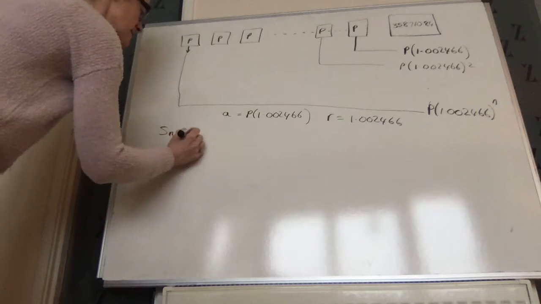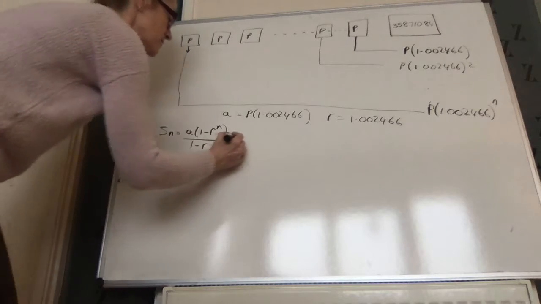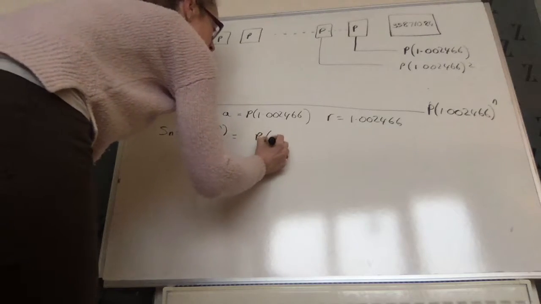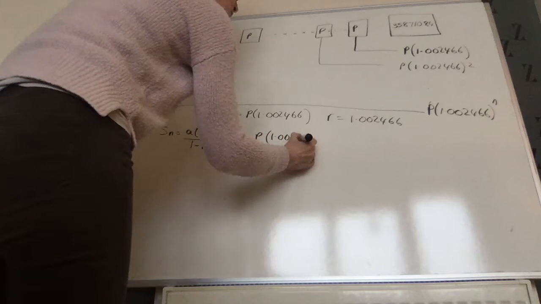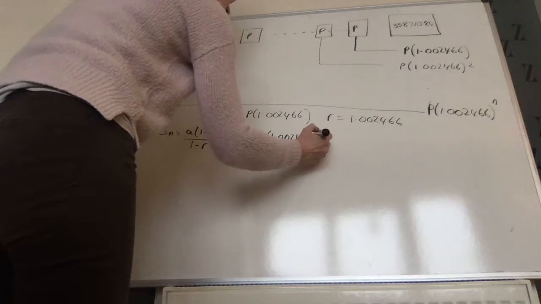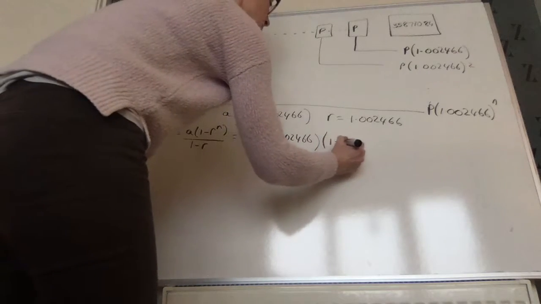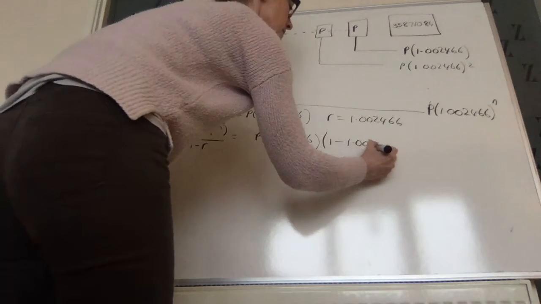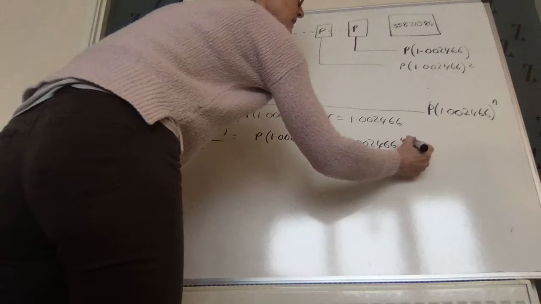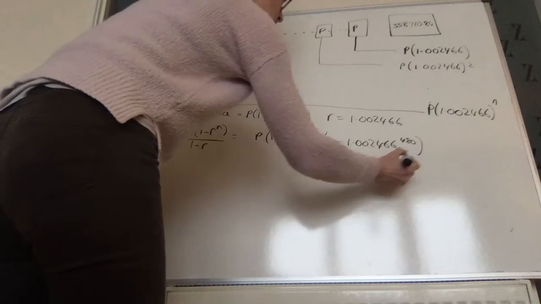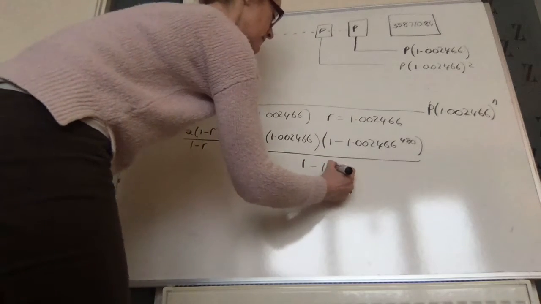Your Sn is a times (1 minus r to the power of n) over (1 minus r), which is P times 1.002466, that's your a, times (1 minus r to the power of n), and n is 480 months, over 1 minus r.